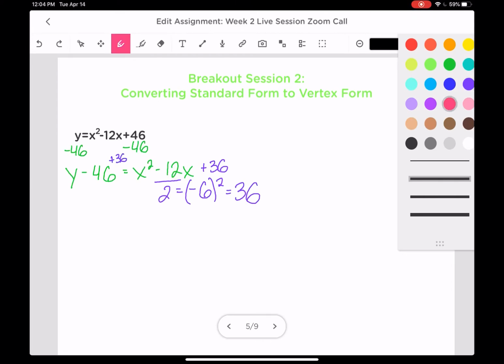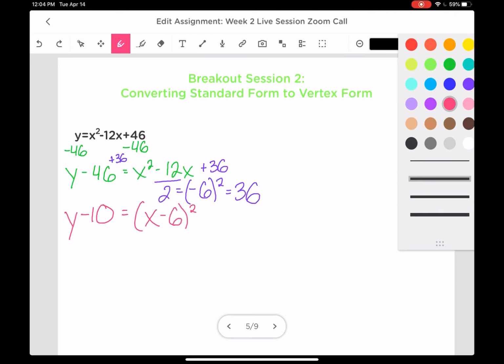From here, I can simplify the y side of my equation, the left-hand side. So I have y, and negative 46 plus 36 is negative 10. And then over here, I want to rewrite it as a perfect square. So I would have x, in this case, minus 6 squared.